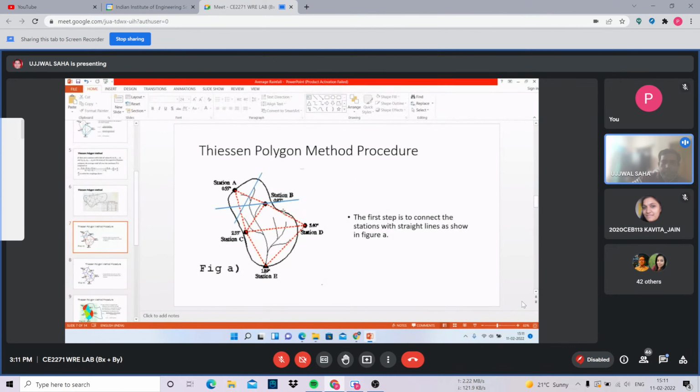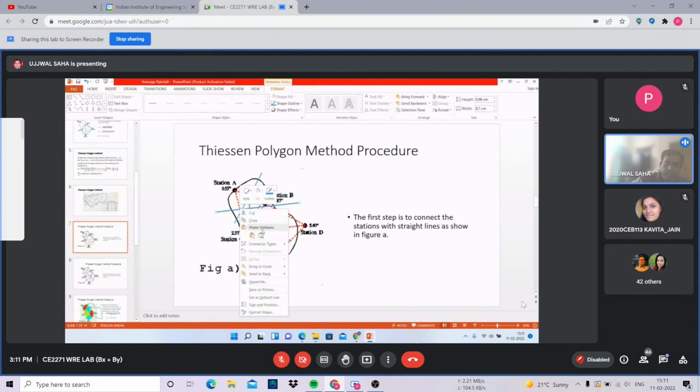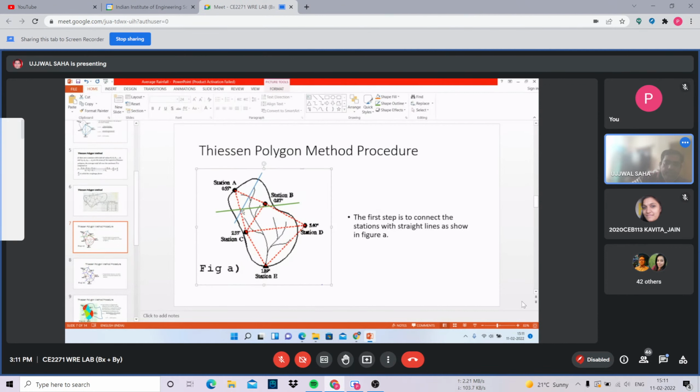If this is the perpendicular bisector, then of course it tells me that the left side of this line will be closer to station A and the other side will be closer to station C. Whereas this line is telling which is closer, station B or C.